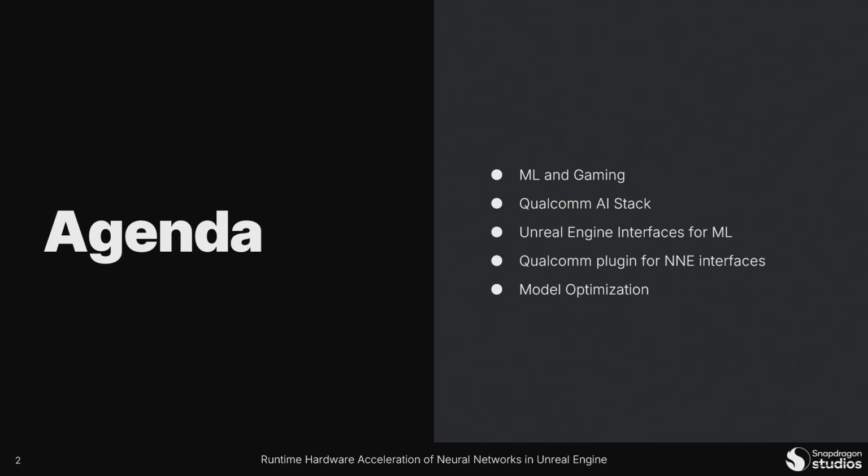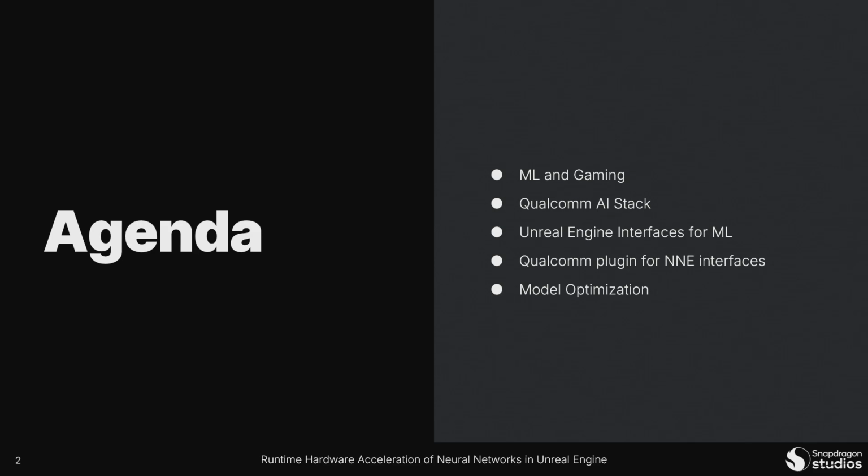Then we're going to see the offer from Unreal Engine for machine learning. Next, we jump in to show you how we took Qualcomm tools and Unreal Engine tools and unified them in our own plugin to run inference. At this point, the best way to show this is to use an example. So we're going to follow a live example of how to easily take a model, bring it to Unreal, and run it on a mobile device.